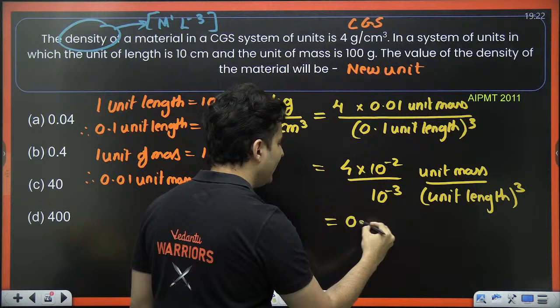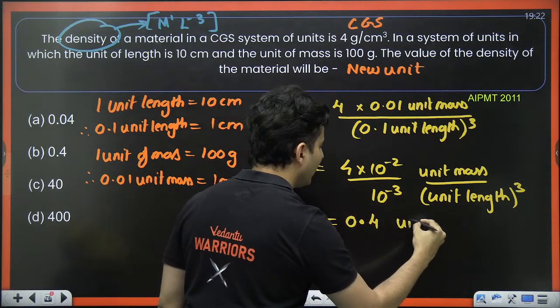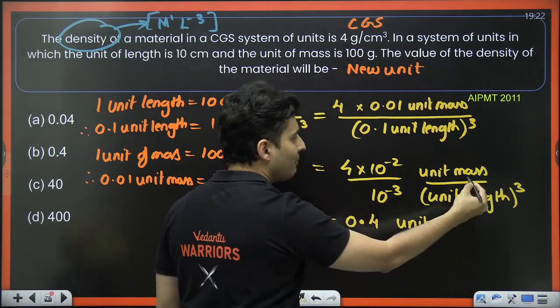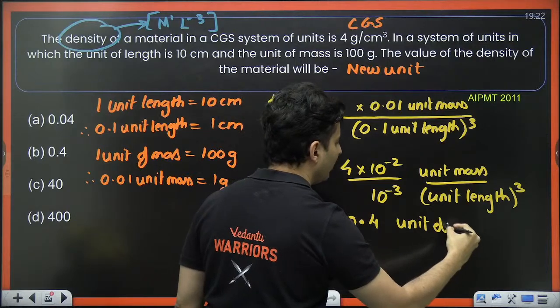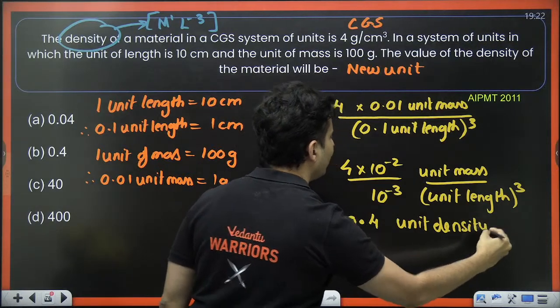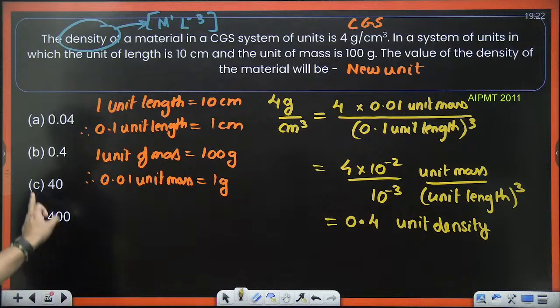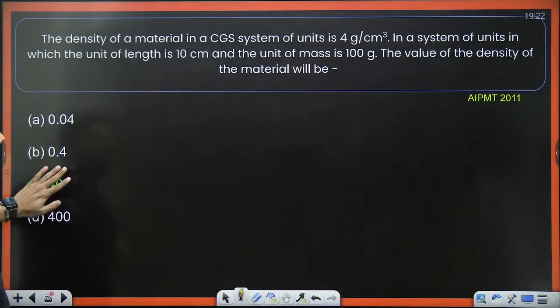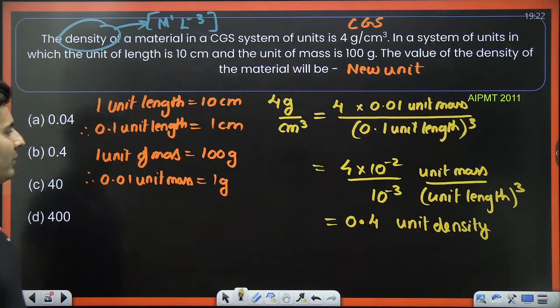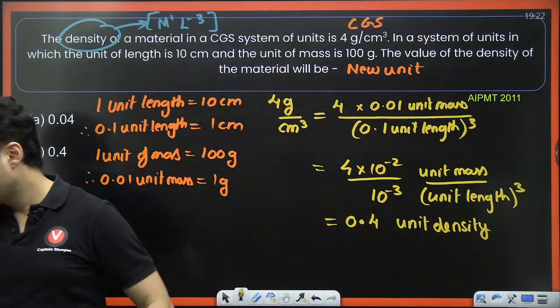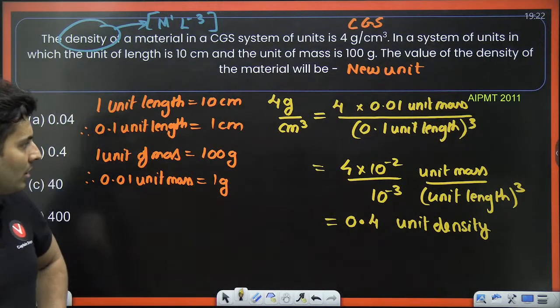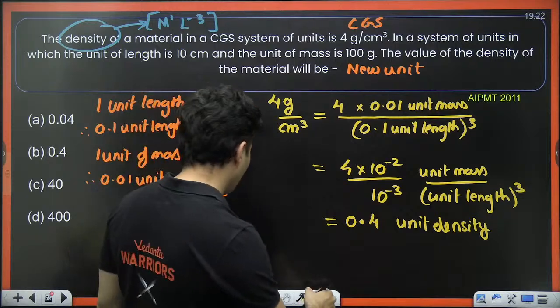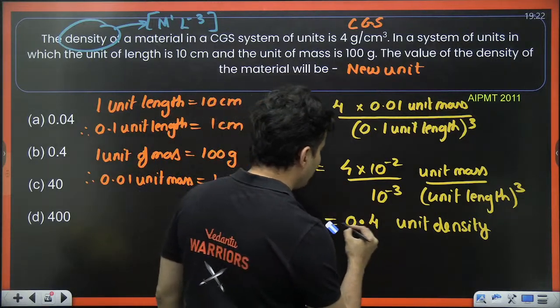So what will this be? This will become 0.4 unit of density. Mass by length cube is density. How much will it be? 0.4, which is option number... I think the answer given over here is wrong. Oh, sorry. My bad, I made a mistake over here.